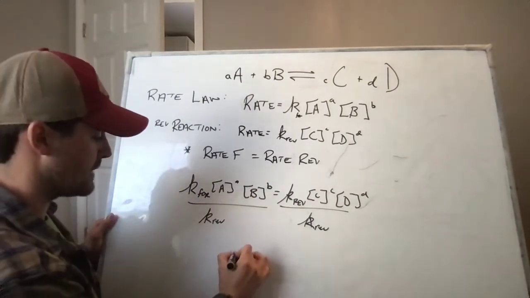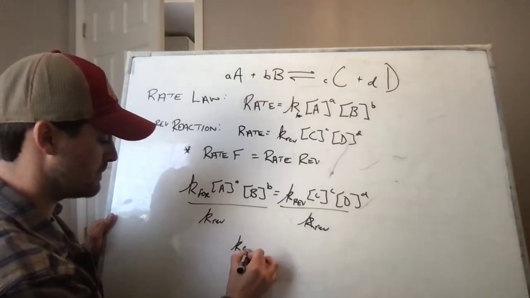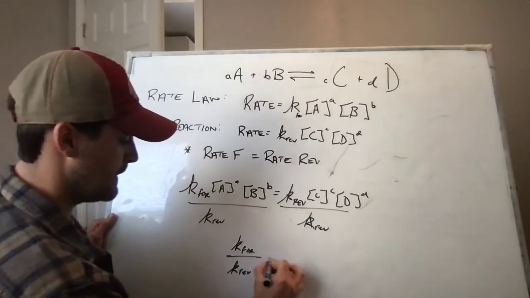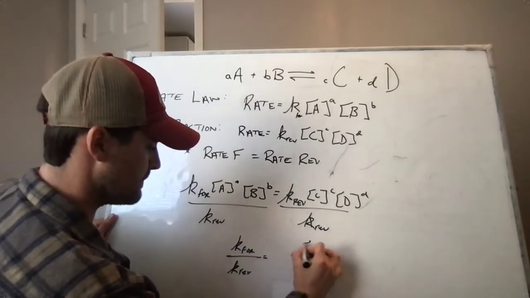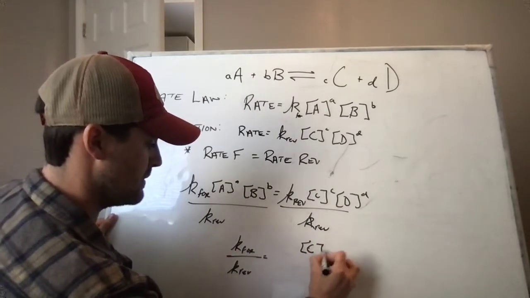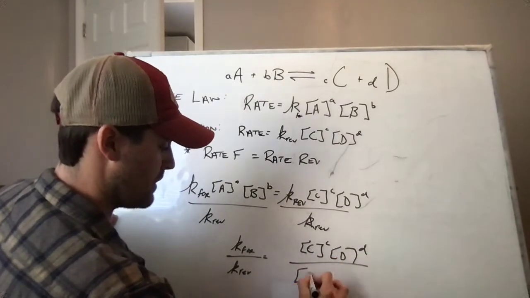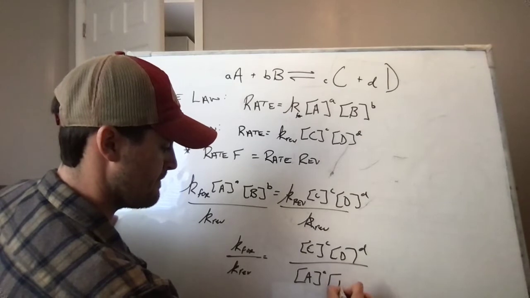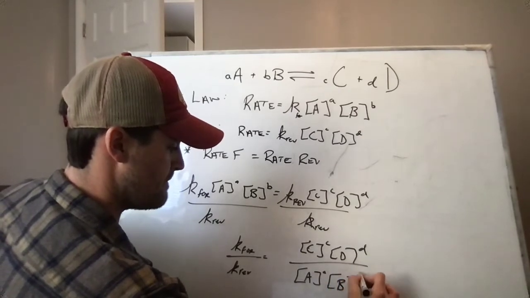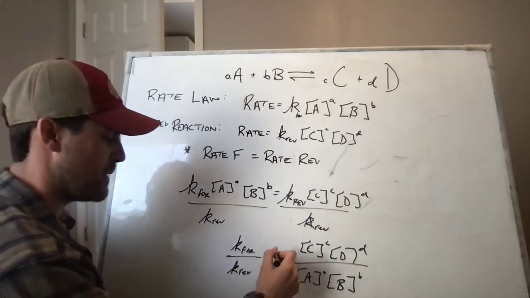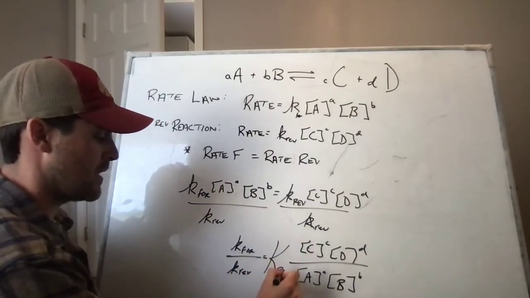I'm left with K forward over K reverse, which is equal to the concentration of C to the c, D to the d, over the concentration of A to the a and the concentration of B to the b. Now this ratio, K forward over K reverse, has a special name, and we call it KEQ.